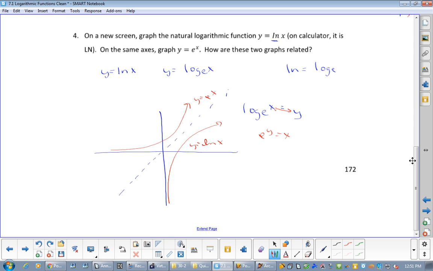Well, ln x and e to the x are mirror images, because this is really log e of x, okay? So we want to talk about the behavior of ln x.